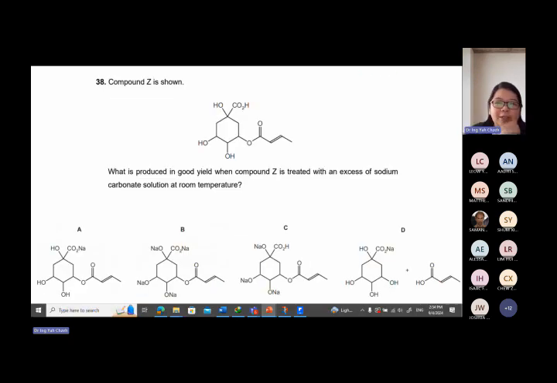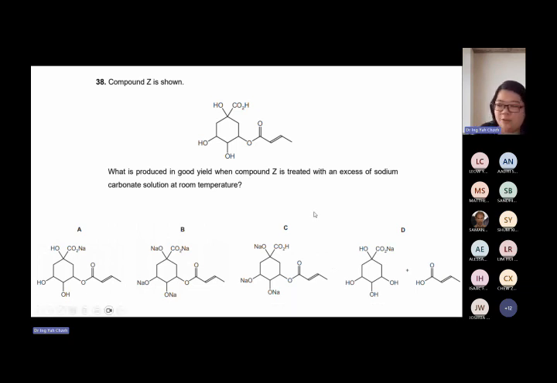Question 38: compound Z is shown here. What is produced in good yield when compound Z is treated with an excess of sodium carbonate solution at room temperature? Now, sodium carbonate in AS organic chemistry can only react with one functional group, COOH, carboxylic acid. It only reacts with acid, and the only acid functional group in AS organic chemistry is carboxylic acid.